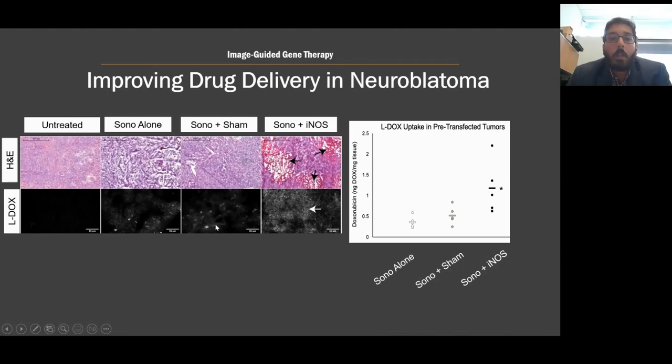If we followed the sonopermeation and LDOX with a sham plasmid, we see similar levels, indicating the sham plasmid is not having a functional effect. However, with the iNOS, the increase in nitric oxide, increase in perfusion, appears to lead to higher levels of doxorubicin deposition within the tumor.